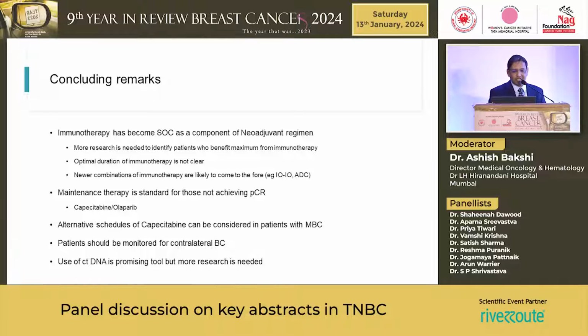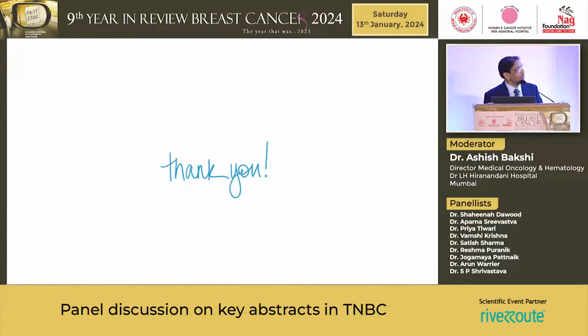Maintenance therapy is a standard for those not achieving pathologic CR, so you give capecitabine or olaparib depending upon the patient's profile. Alternative schedules of capecitabine can be considered in patients with metastatic breast cancer. In my view, this is not to be done for patients being treated in an adjuvant setting. Patients should be monitored for contralateral breast cancer, and I think ctDNA is a promising tool, but of course more research is needed. With that, I will conclude my talk.